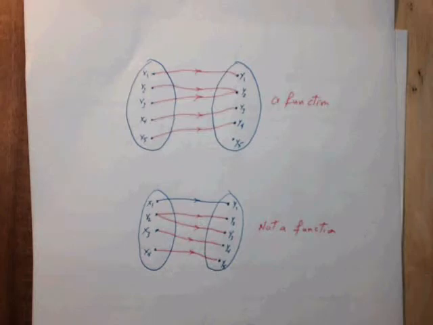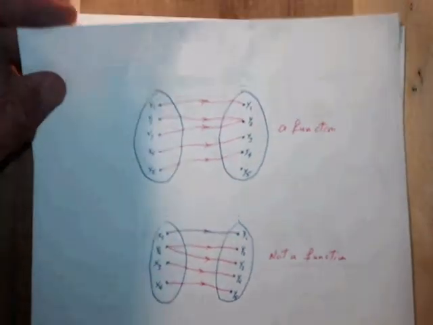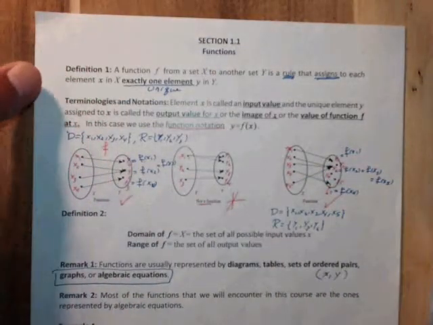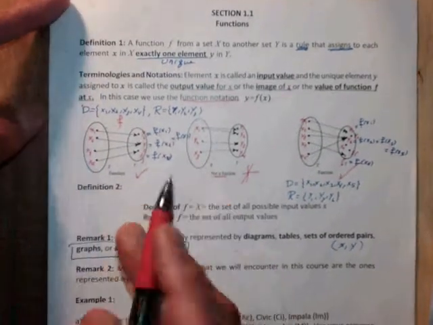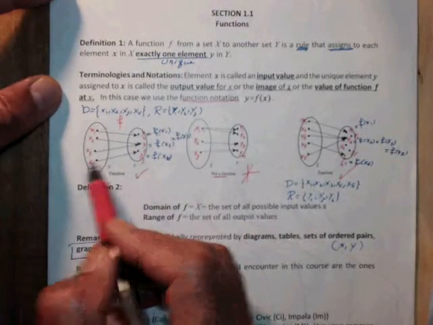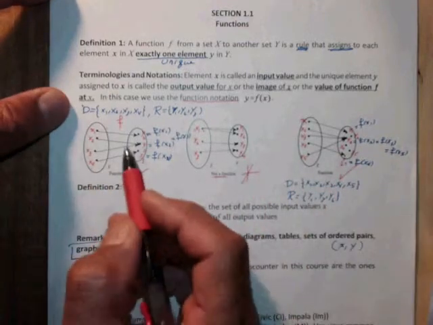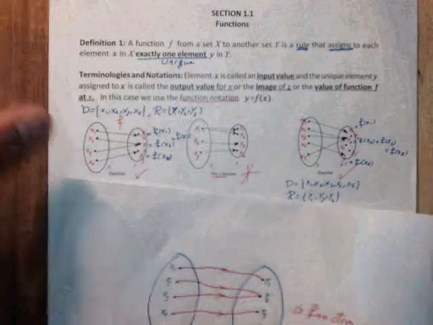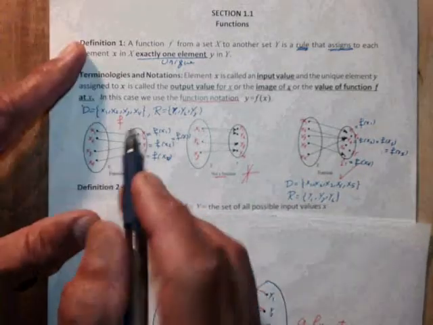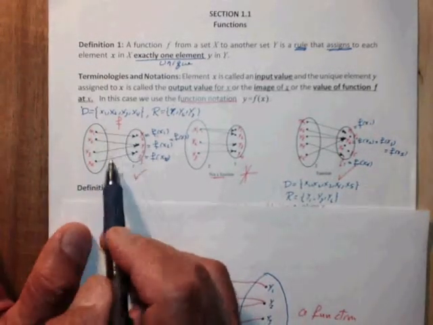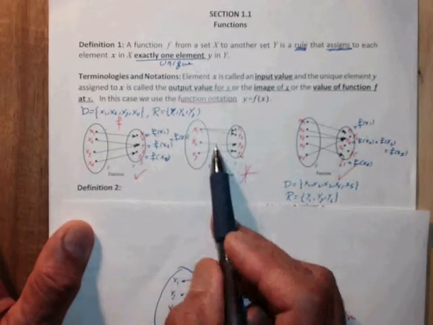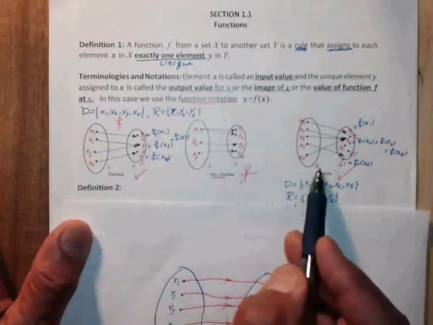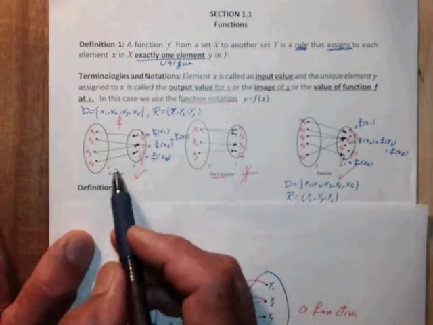Okay, now let's look at these examples in the book. First, not an example, these are just three diagrams. I have my function f defined from set x to y, and then another relationship from x to y, and another from set x to y. The first one is a function.